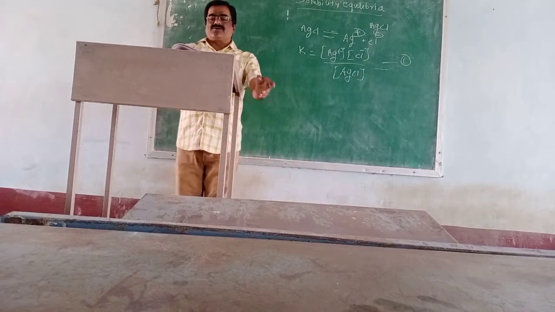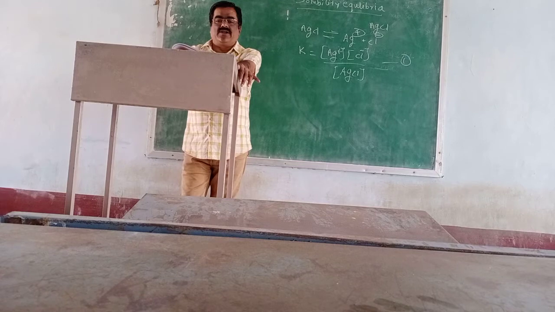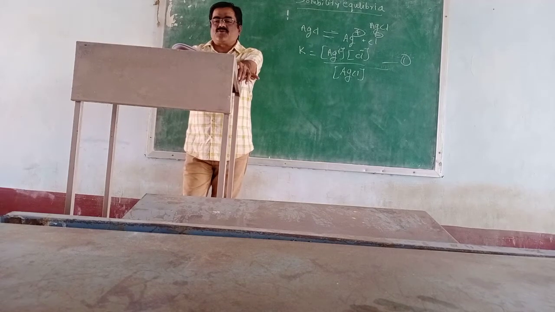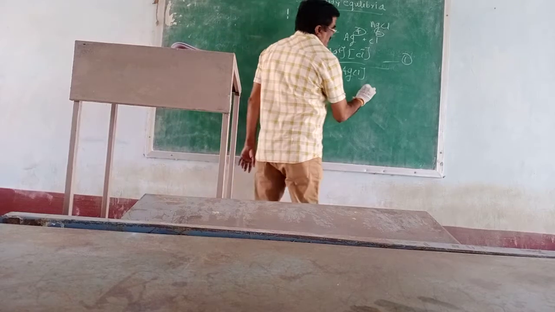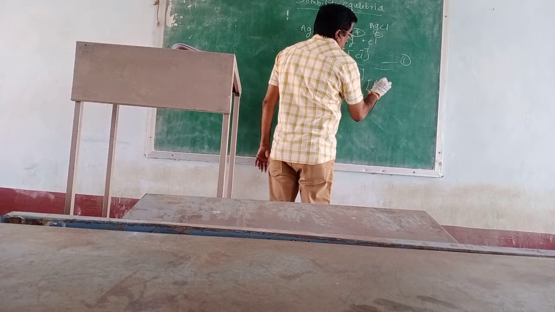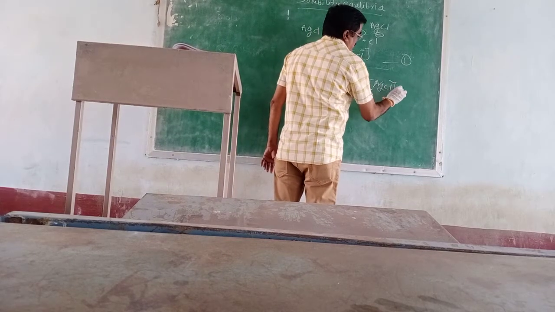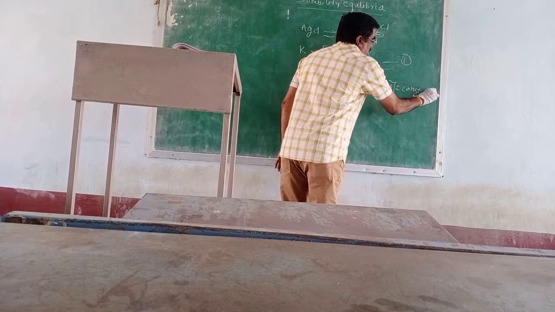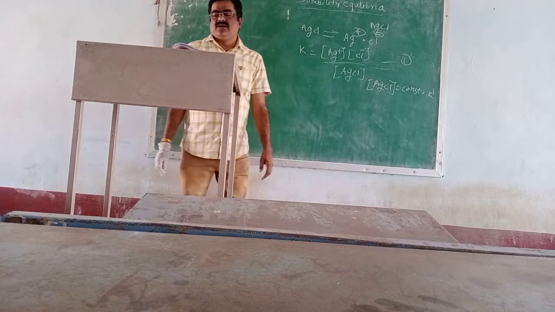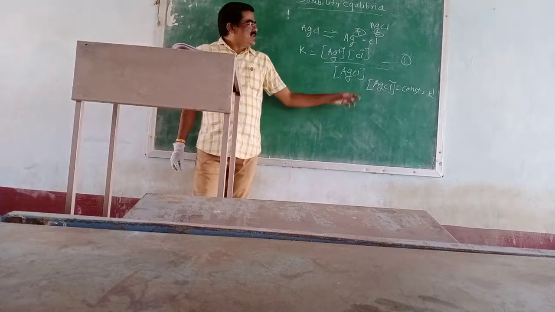Then the concentration of undissolved solid AgCl is constant, and we may write that the concentration of undissolved solid AgCl is equal to the constant K dash.